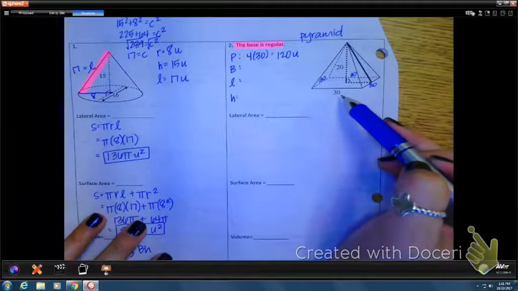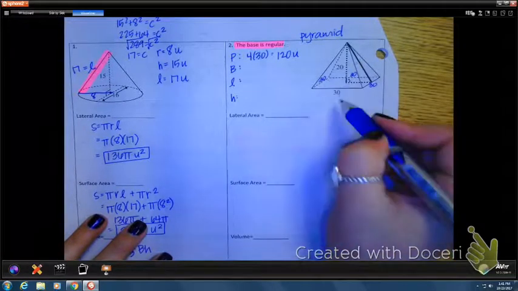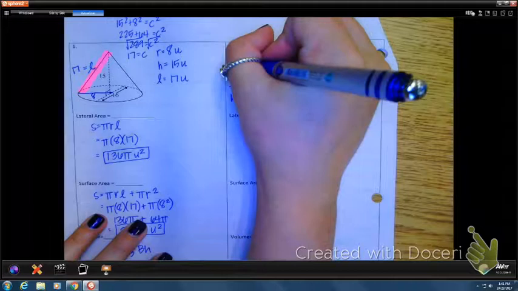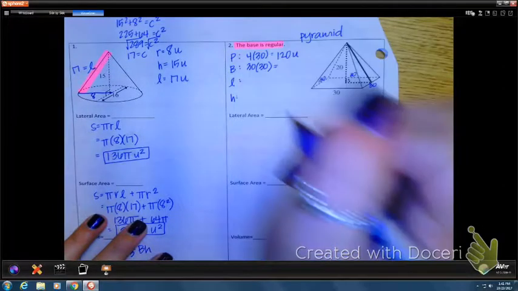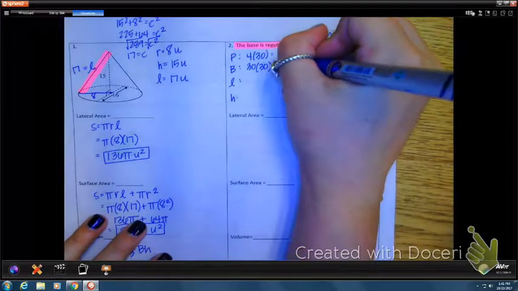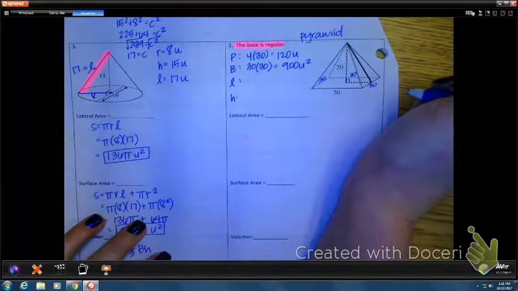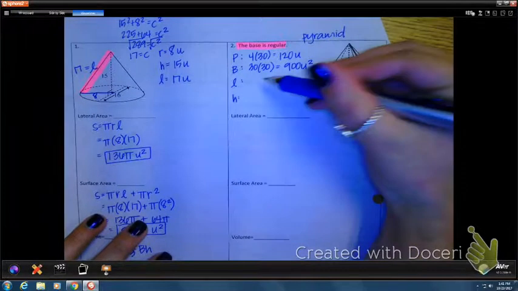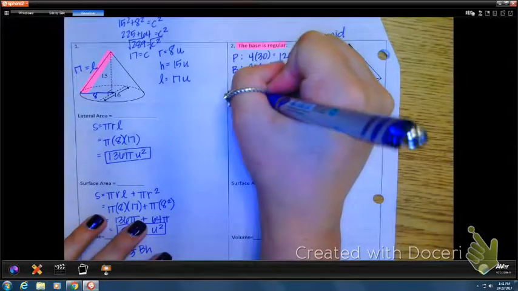Area of your base is a square, so side squared or length times width. So 30 times 30. 900 units squared. Okay, do slant height last, but your current height is just 20 units. That's given.